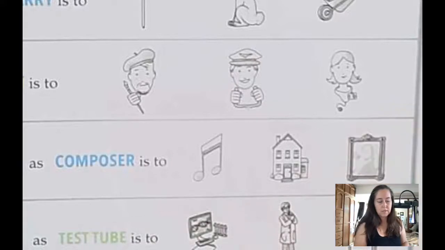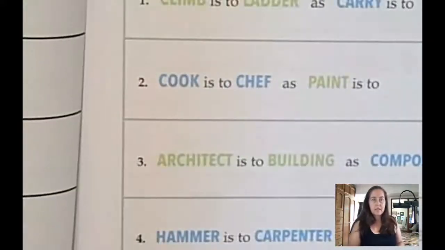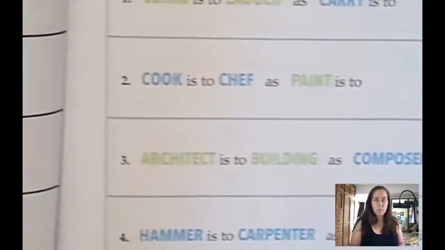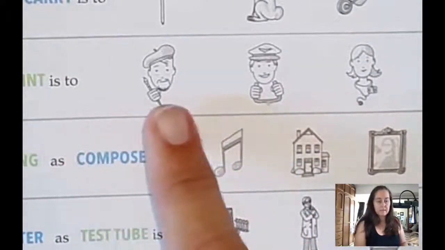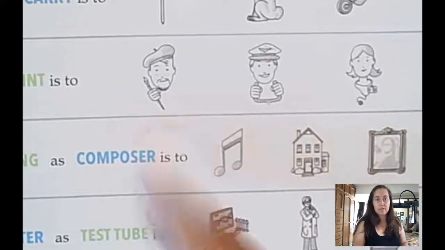So a chef is someone that cooks. Which one of these three people would paint? An artist, a pilot, or a doctor? If you said artist, you're right.